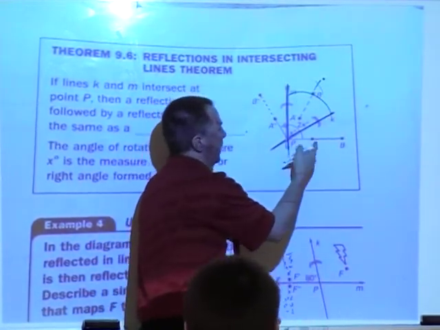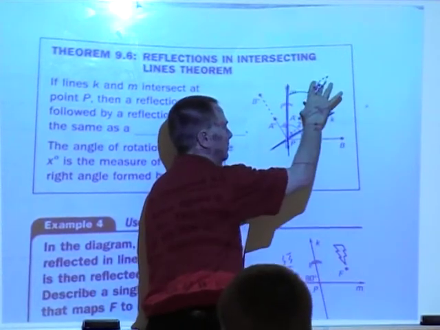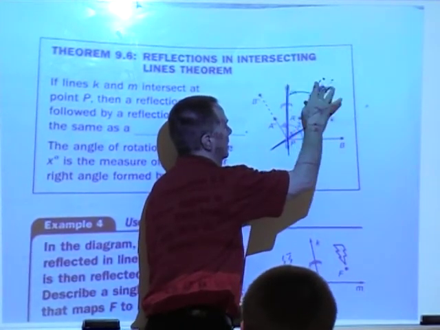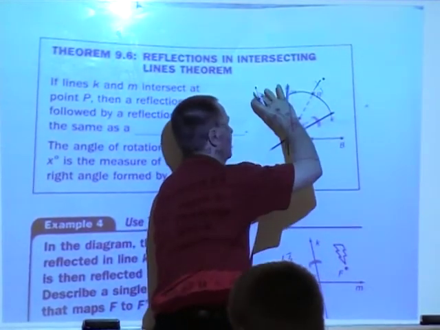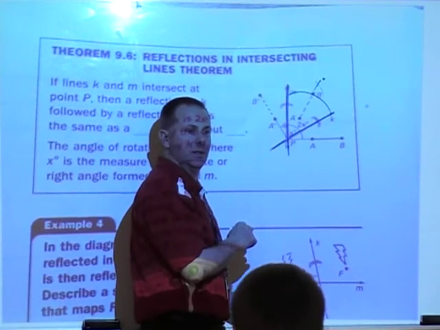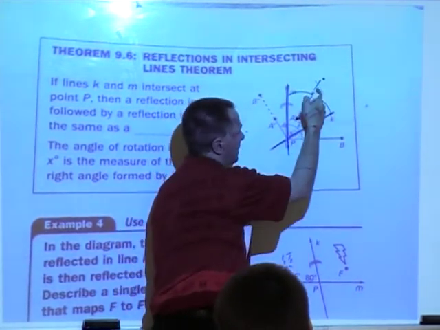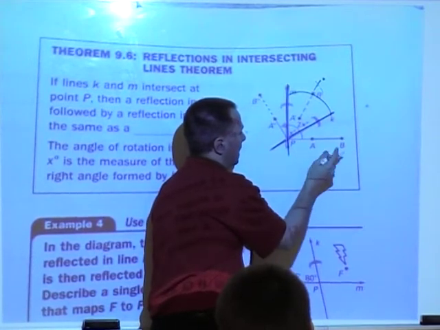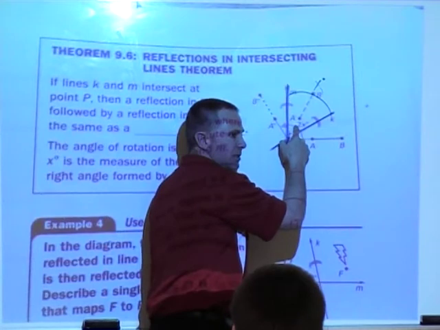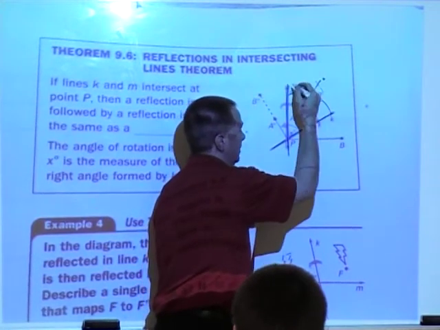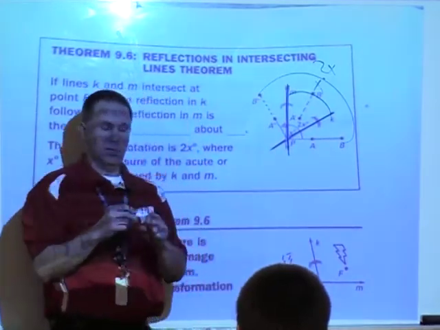So if I reflect AB over this line and then reflect it over this line, they're saying that from AB to A double prime B double prime is therefore a rotation of twice that angle. So if I rotate this to here 2 times this degree, so then in this case it would be 2x, I'll get that same image.